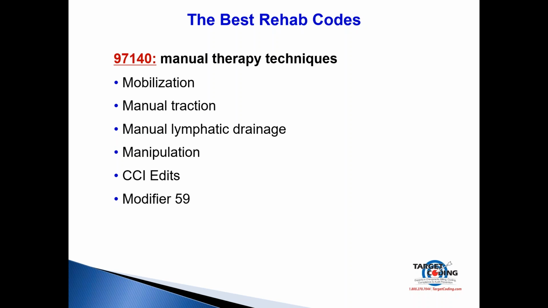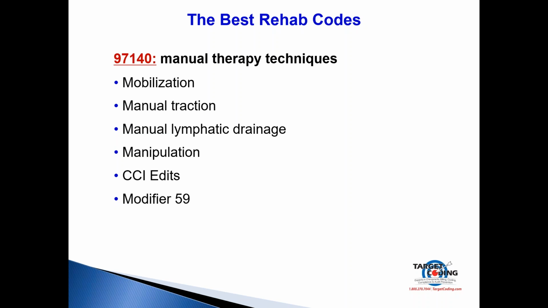Now, what's the purpose of this? For every service you provide and every diagnosis you come up with, you have to have justification. So what's the reason, what's the clinical rationale for billing 97140 or performing it? Well, it's typically used to treat restriction in soft tissues in the extremities, the neck and trunk.